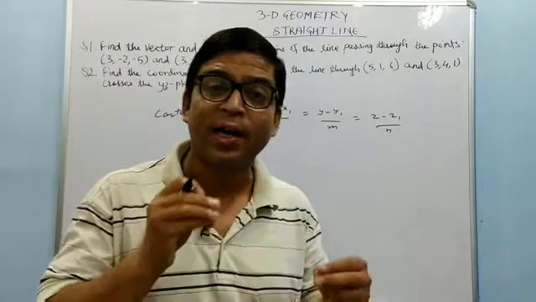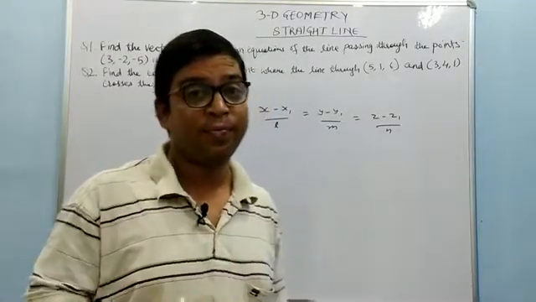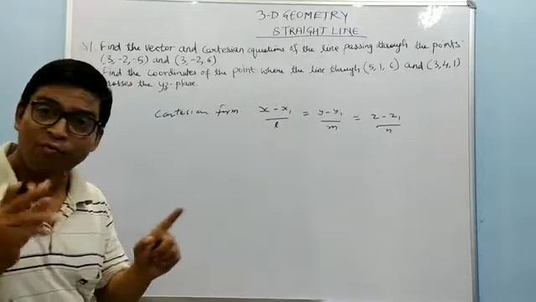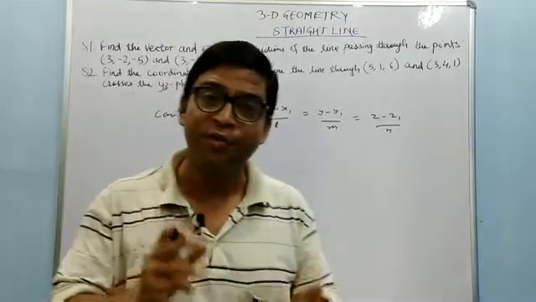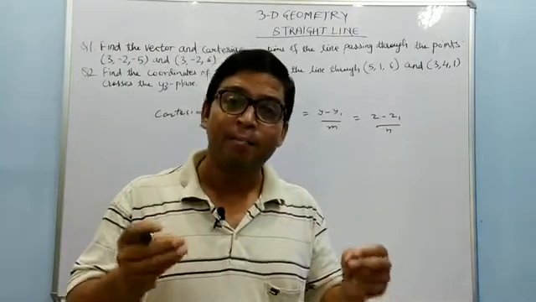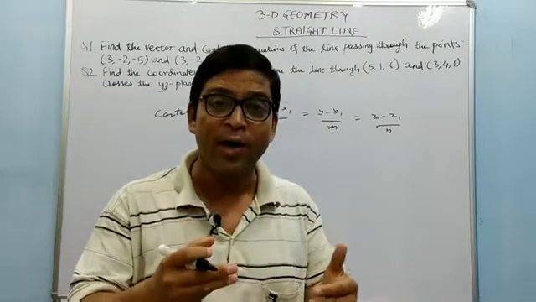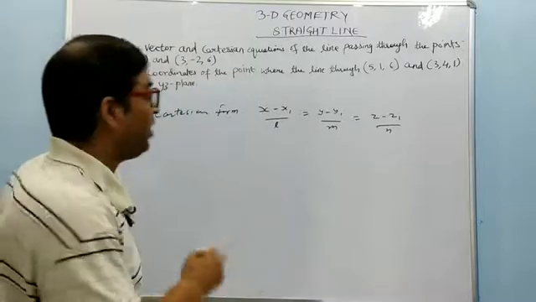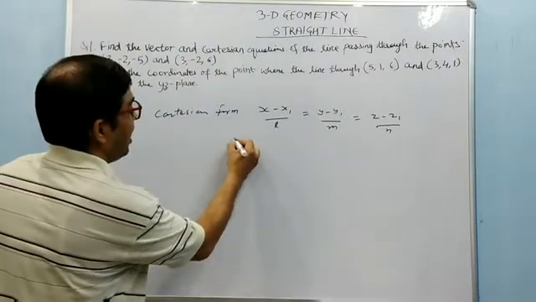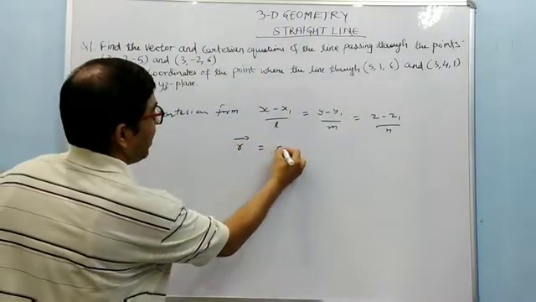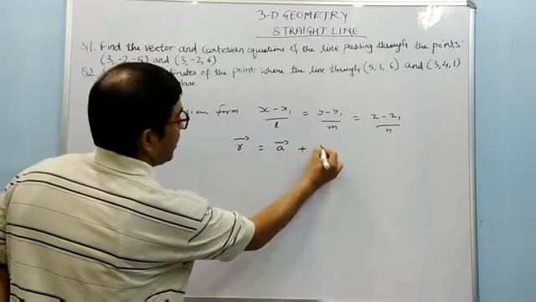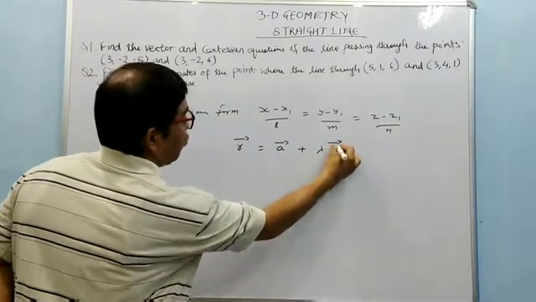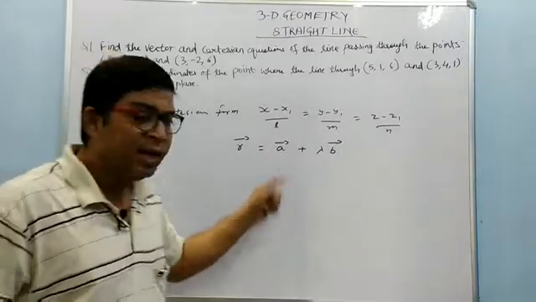We will also see the vector form of a straight line. Same way, one point slope form. The equation of a line passing through a point and parallel to a given line is given as vector r is equal to vector a plus lambda into vector b. What is a?